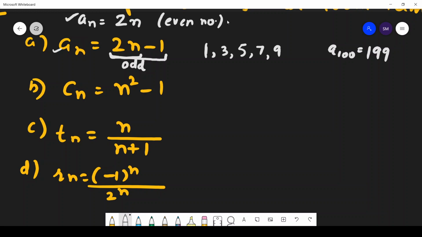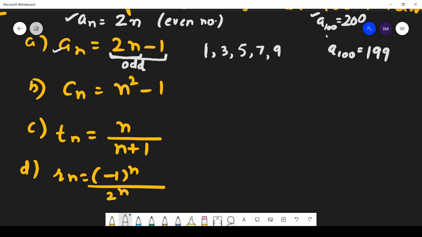Okay? So let us write for the even number also. What will be the 100th term for the even number? So 2n is your even number. So what is the 100th term here? It will be 200. Yes, 200.